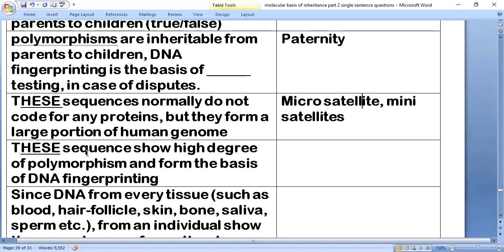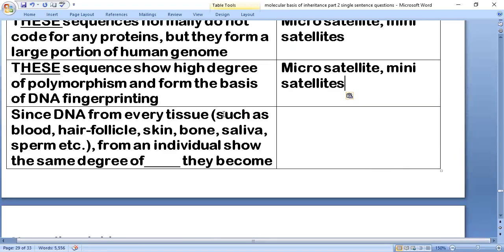These sequences show a high degree of polymorphism and form the basis of DNA fingerprinting, since DNA from every tissue, such as blood, hair follicle, skin, bone, saliva and sperm from an individual, shows the same degree of polymorphism.